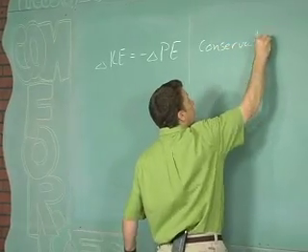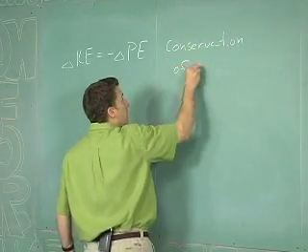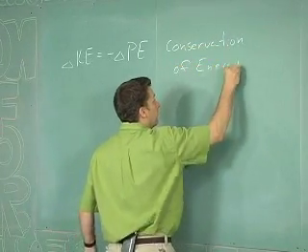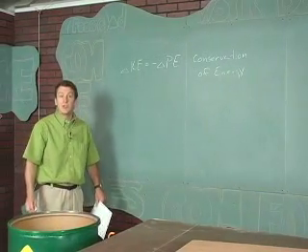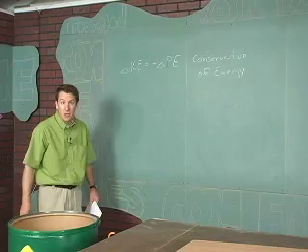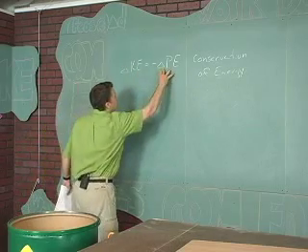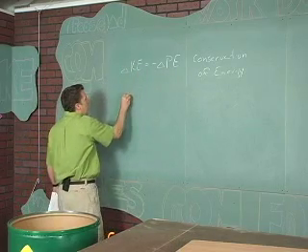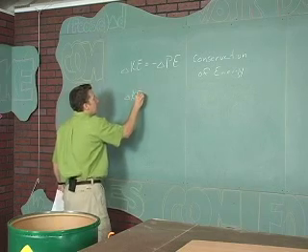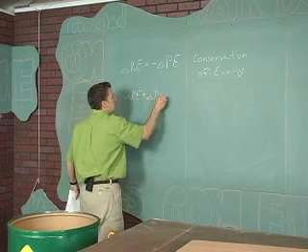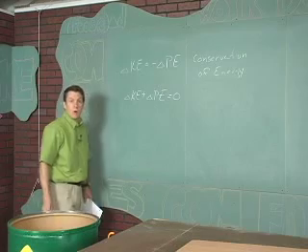The conservation of energy. Well, this statement holds true for only conservative forces in action. And if we were to add this term to the other side, we would end up with the expression of change in KE plus any change in potential energy equals 0.